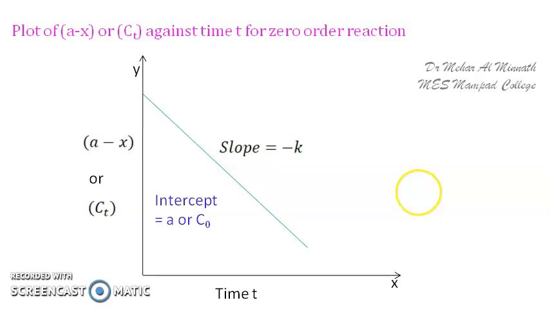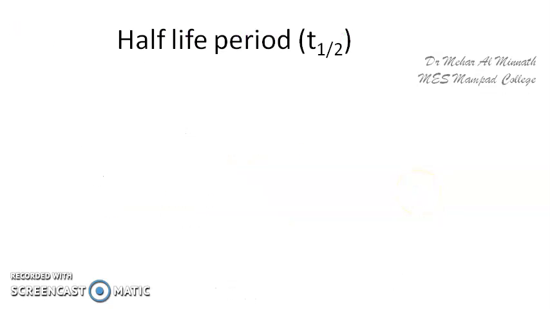Alright, now one more aspect we have to check, and that is the time taken for the reaction to complete into certain fractions. Okay, so fractional change. So let us come up with the half-life period. First, T half.